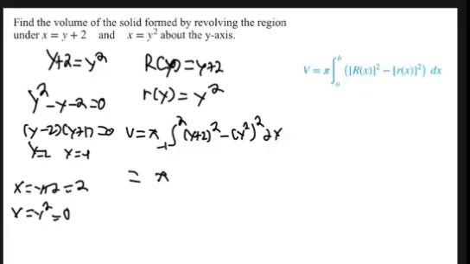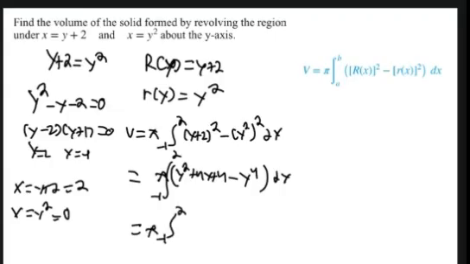And if we expand that, we get y squared plus 4y plus 4. We write this as pi times the integral from negative 1 to 2 of, if we write it in the correct order, negative y to the power of 4 plus y squared plus 4y plus 4 dy.